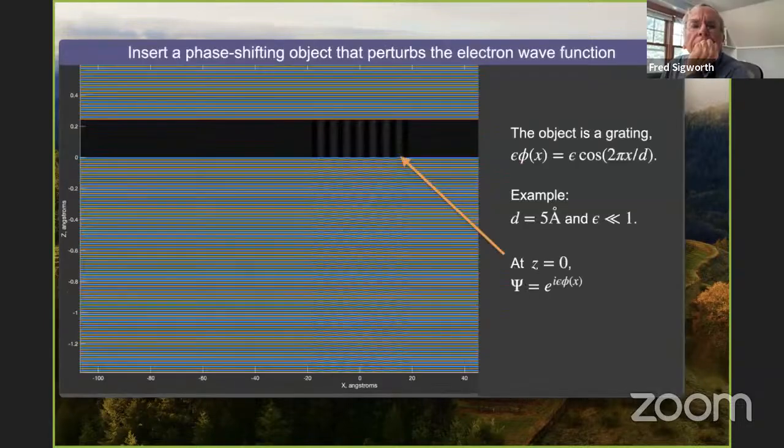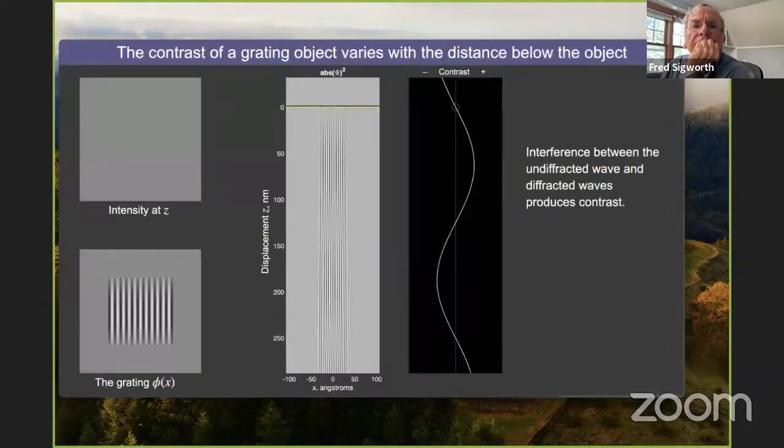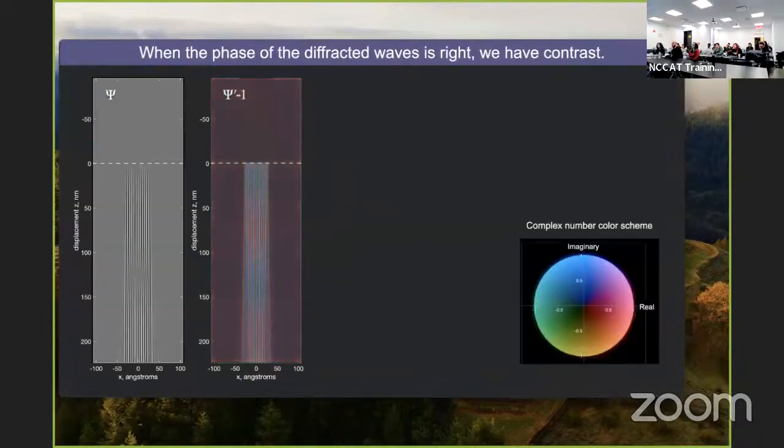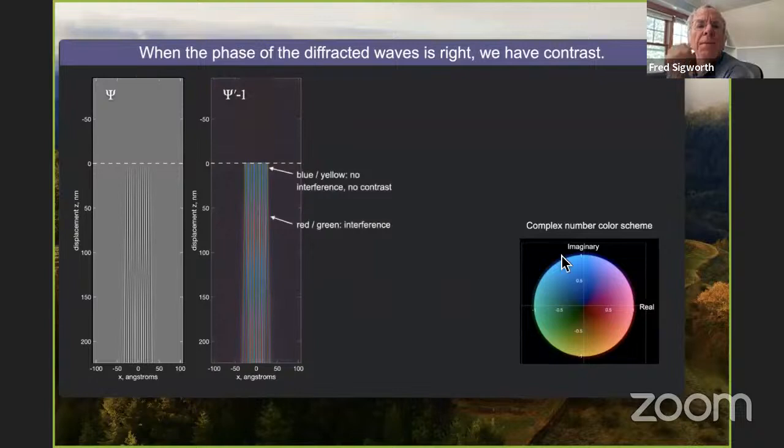So what's happening is this. The amount of defocus sets how rapidly there is this phase shifting and this alternation between all imaginary and all real phases for the diffracted rays.